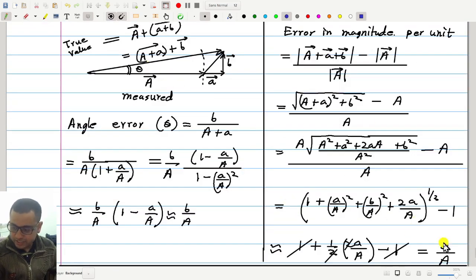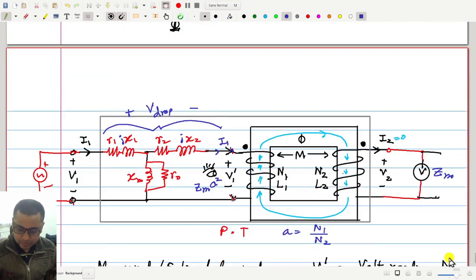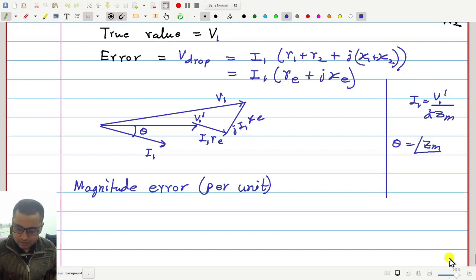Here we see the magnitude error is the component of this difference vector along the measured quantity divided by the measured quantity. Now this is V drop, so we want to find the component of V drop along V1 prime.